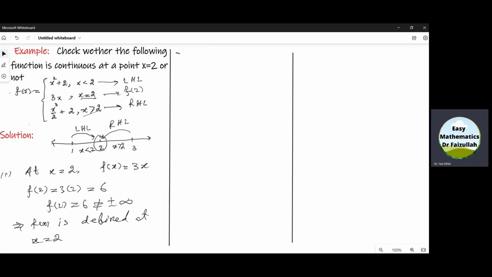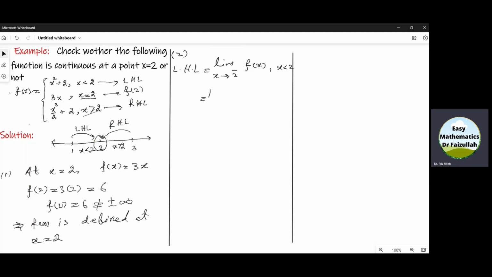To prove the second condition, we shall prove that left hand limit of this function at x is equal to 2 is equal to the right hand limit. Let us find the left hand limit of this function, which can be written as limit x approaches to 2 minus f of x. And now we know that we shall substitute the value of f of x for which x is less than 2.